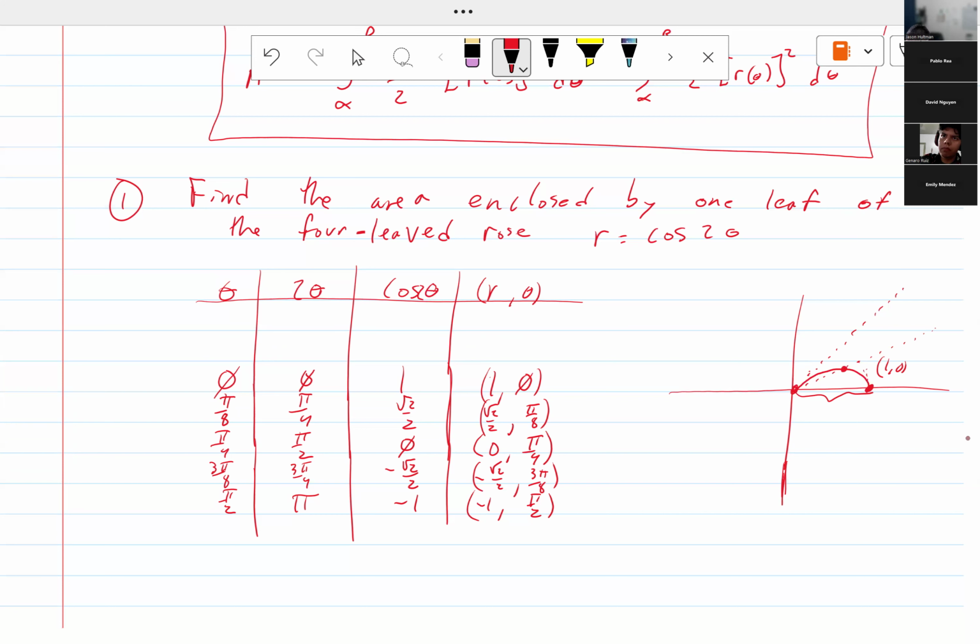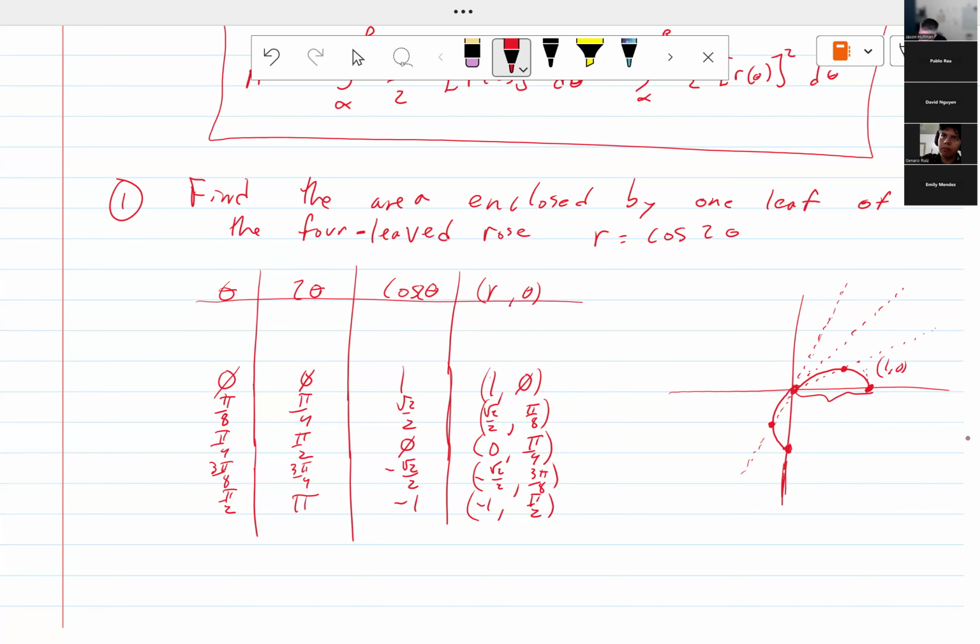Where's 3 pi over 8? Well, that's here. 3 pi over 8 is here. I go negative. Let's extend that in the negative direction. And again, if this is 1 unit, then 0.7 or 7/10 of a unit would be here. And so we actually go from here to here.